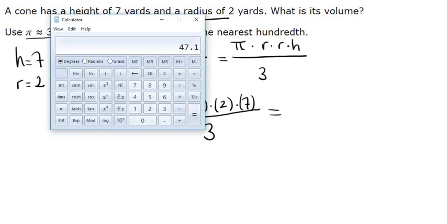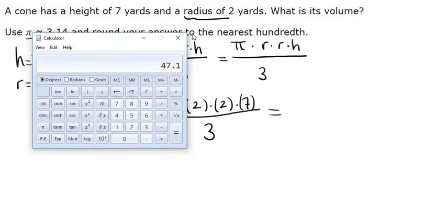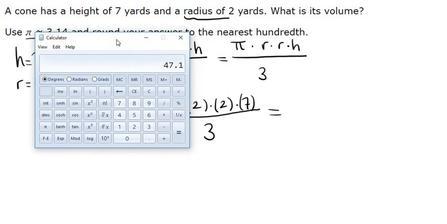So let's take out our calculator. 3.14 times 2 times 2 times 7. That's going to be our numerator, 87.92.